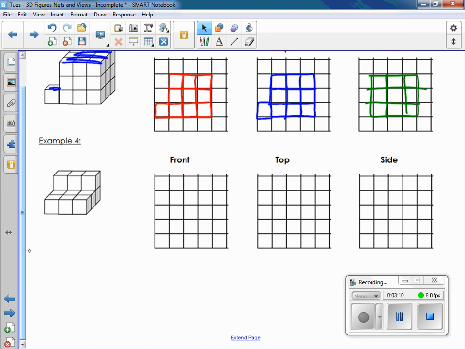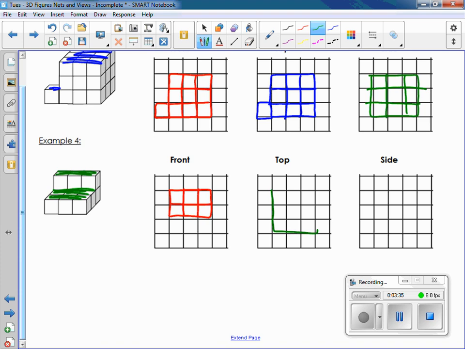Example 4, I'm going to see the front of these blocks and the front of these blocks. These will be on the top. So I'm going to do 2 rows of 3. And then I'm going to do the top view. I'm going to see those 3, and those 3.